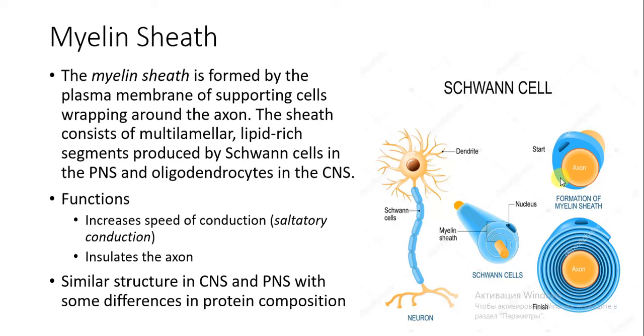They provide nourishment to the axon, because in the axon we have a lot of mitochondria, and it needs nourishment inside it. Due to this nourishment, the axon can act. That's why Schwann cells are present everywhere, in myelinated and non-myelinated fibers.